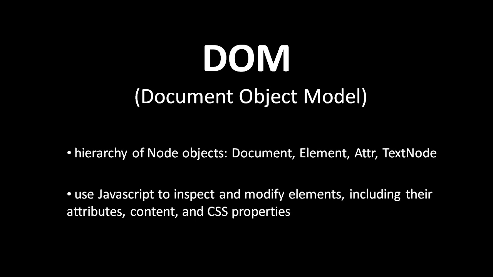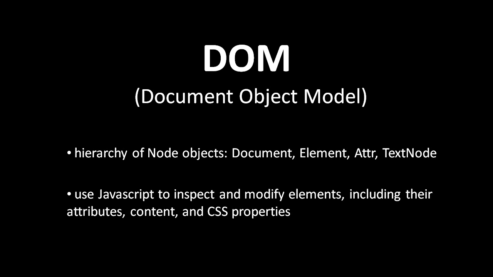And the point of all this is that the browser exposes the DOM for that page to any JavaScript code included in the page. So how do we get at the objects of the DOM so that we can inspect them and manipulate them? Well, when the browser runs JavaScript code, it defines a global variable called document, which is assigned to the document node of the page.